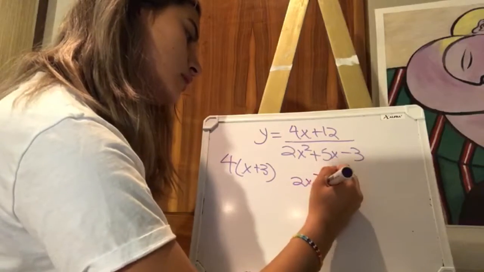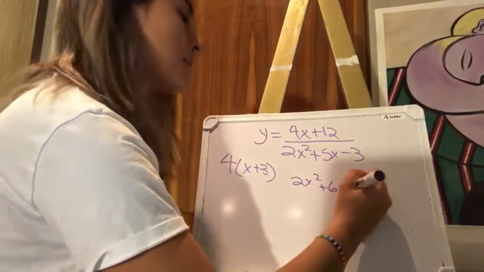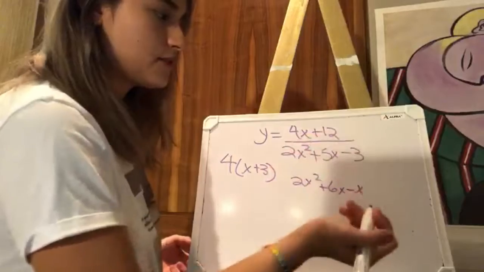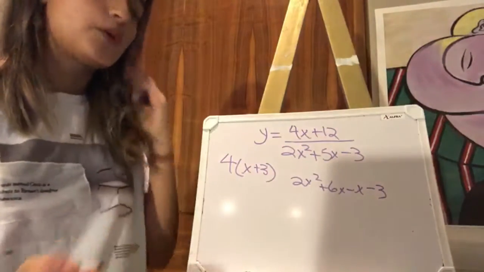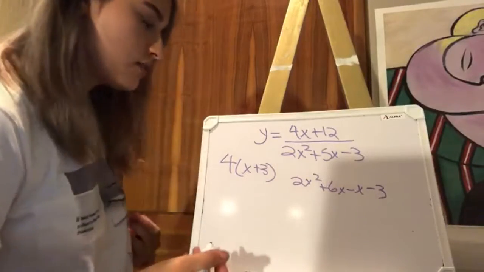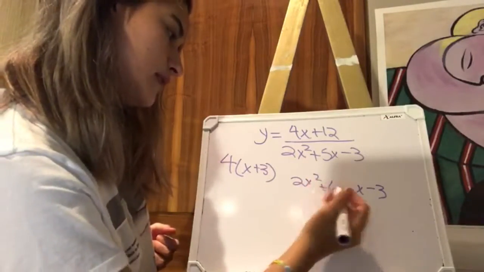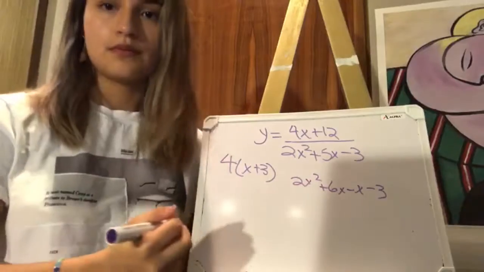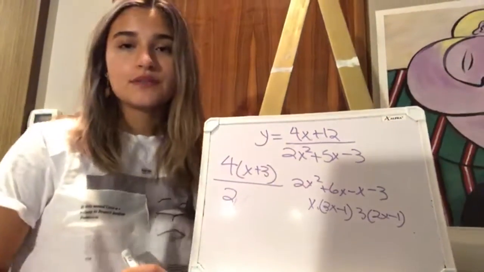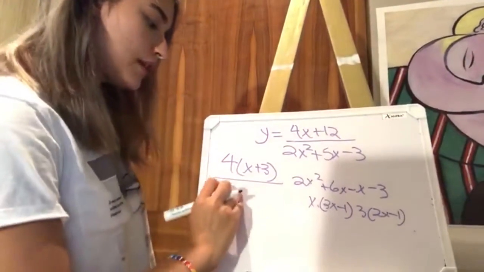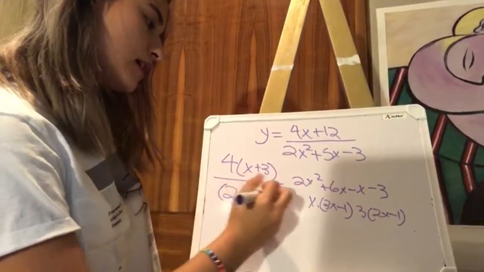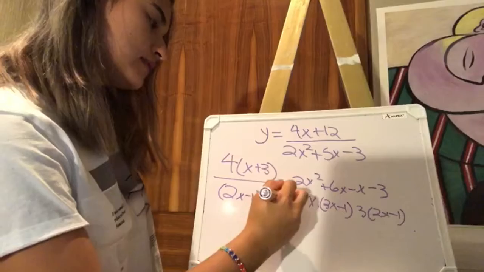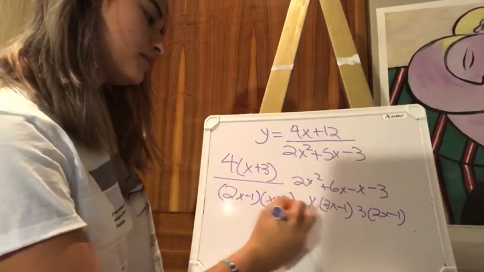2x squared plus 6x minus x, that's going to be a difference of 5, and then minus 3. From here we can factorize. After we factorize the denominator, we are left with 2x minus 1 and x plus 3.